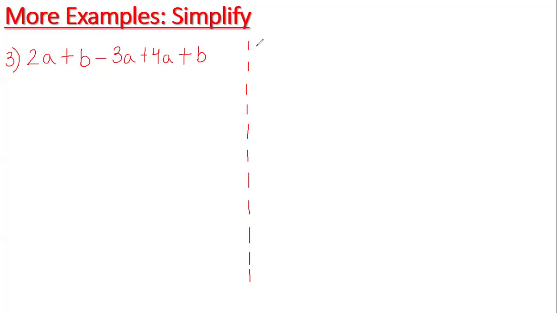And then number 4, let's say we have 3x plus y minus 4x plus 5x plus y. By the way, that is an x.